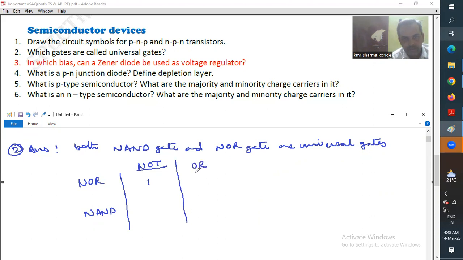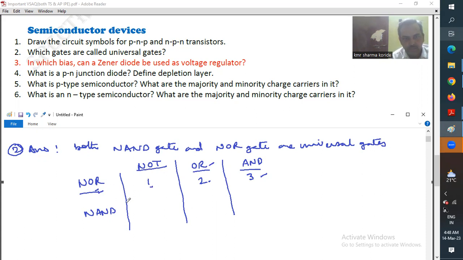To get an OR gate, you require two NOR gates. To get an AND gate, you require three NOR gates. So making use of three NOR gates, you can construct an AND gate. Making use of two NOR gates, you can construct an OR gate. Making use of one NOR gate, you can construct a NOT gate.